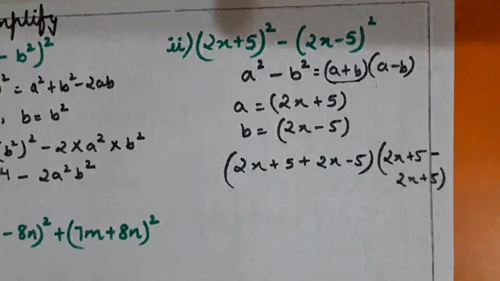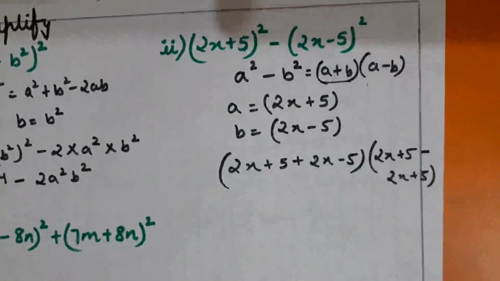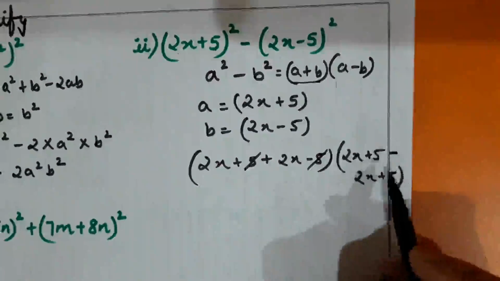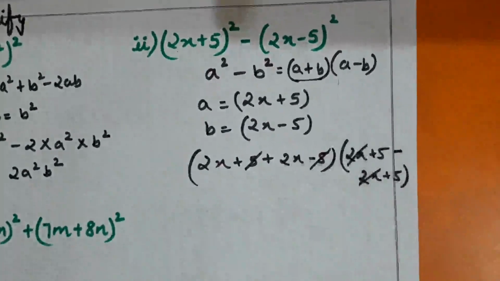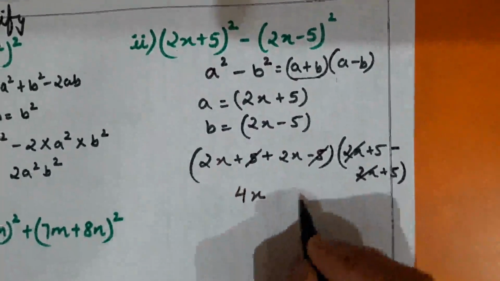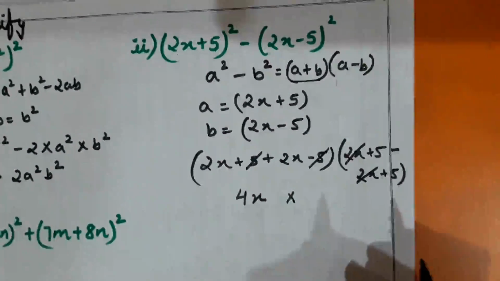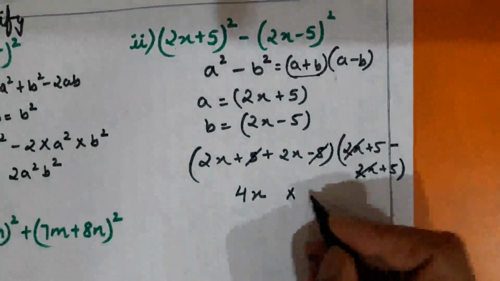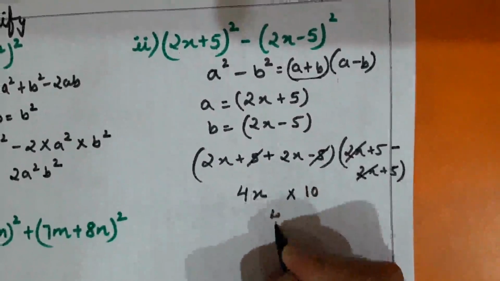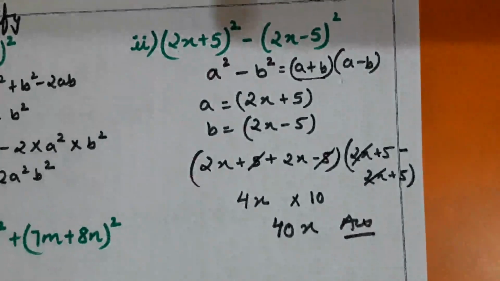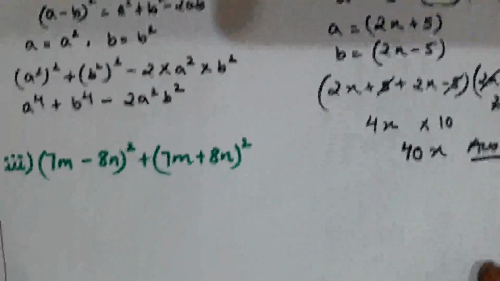So we are representing in the form of a plus b and a minus b. So this 5 and this 5 cancel out each other. This 2x cancel out each other. Gives you 4x into 10. So your answer will be 40x. So in this way you can easily simplify. Let's move to the next part.